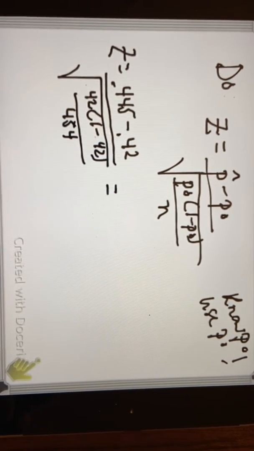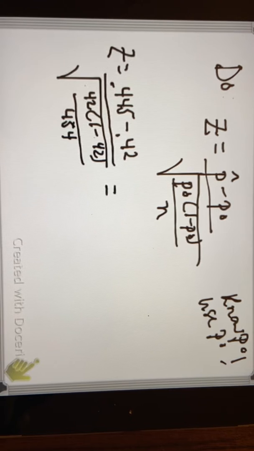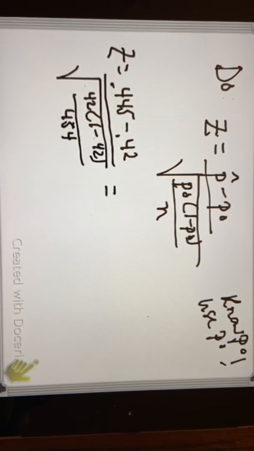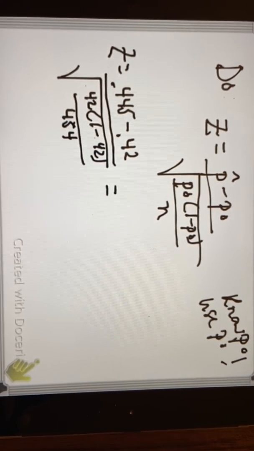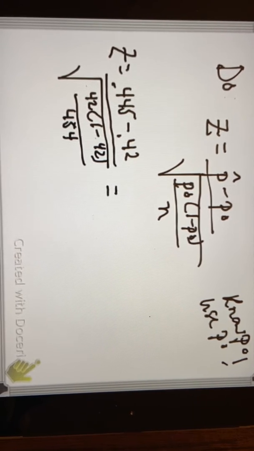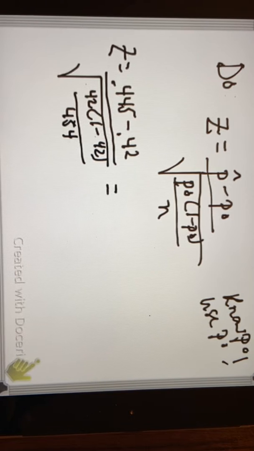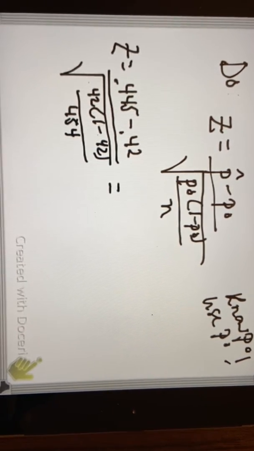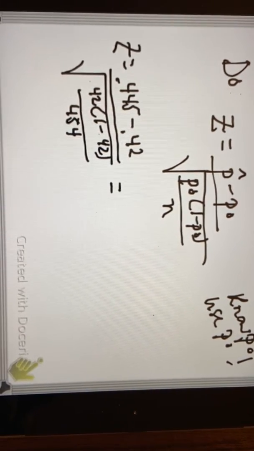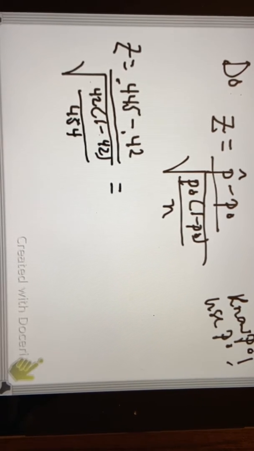So 202 females out of 454 total participants. And then what I choose as my decision is the same thing as my alternative. So I want to be greater than the null. So I'm going to pick the third option over.